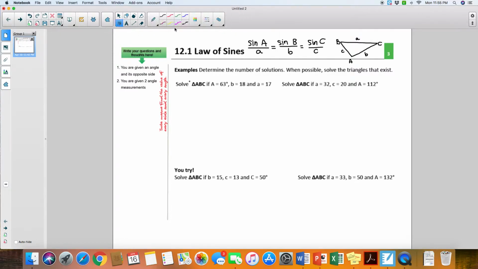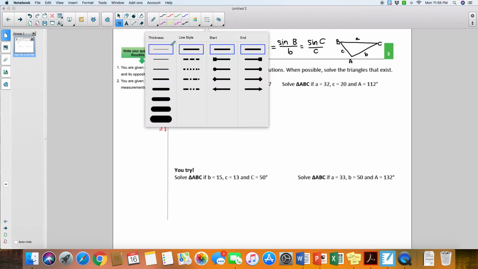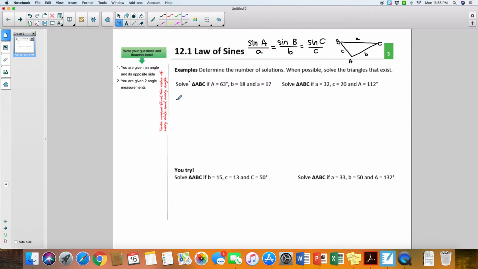So the first thing I'm going to do is draw my picture. I'm going to draw my triangle. When you draw your triangle, it does not matter how you label the angles. You just have to make sure you substitute the information correctly. So this would be lowercase b, opposite of B. This would be lowercase a, and this would be lowercase c.